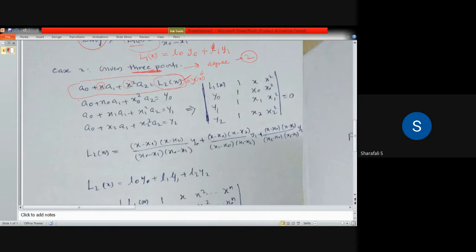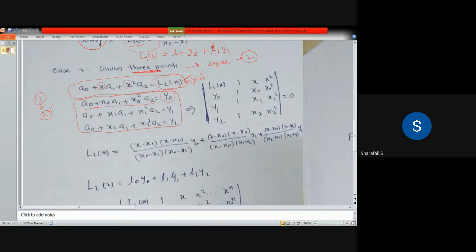But we know 3 points, and correspondingly we have 3 equations, that is y0 equal to this quadratic equation. Here we have a quadratic equation because we have 3 points, so we have a polynomial of degree 2. Degree 2 corresponds to a quadratic equation. It is not a straight line.